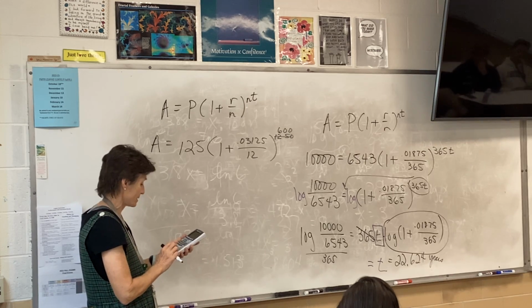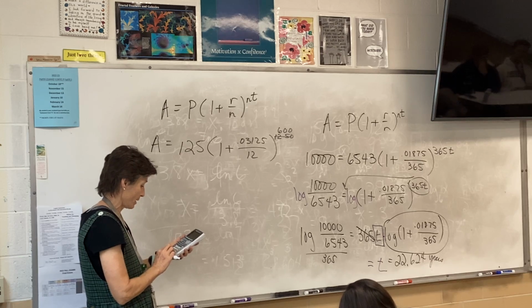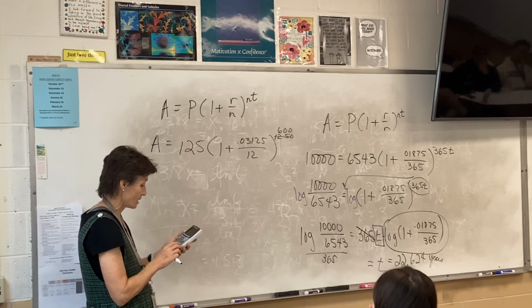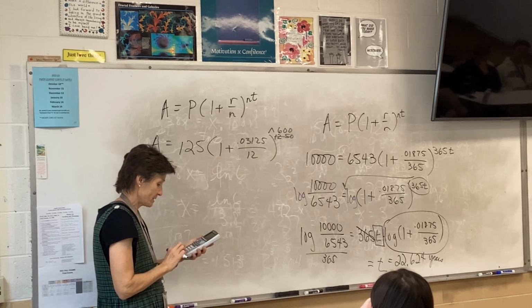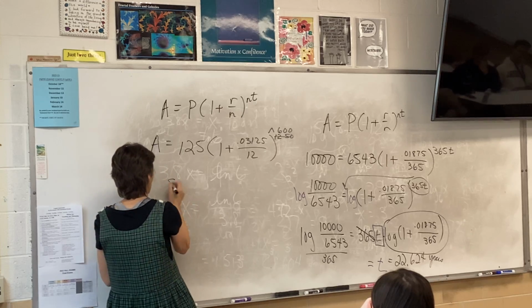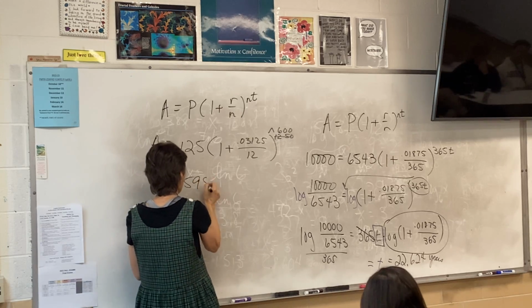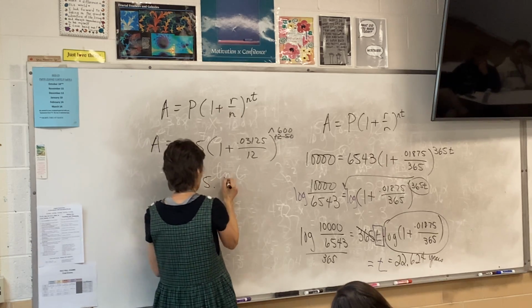125 parentheses 1 plus 0.03125 divided by 12 close parentheses raised, remember, raised to the 600. I got $595.13.